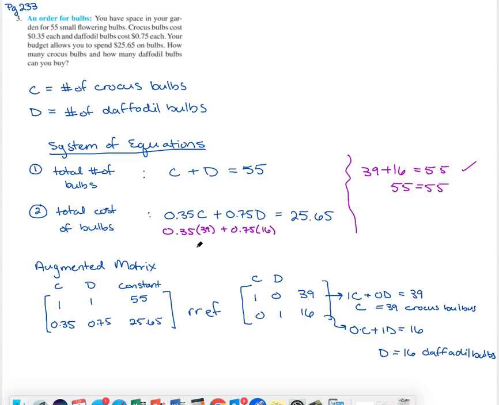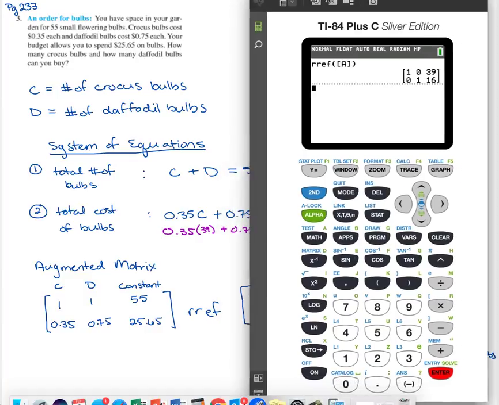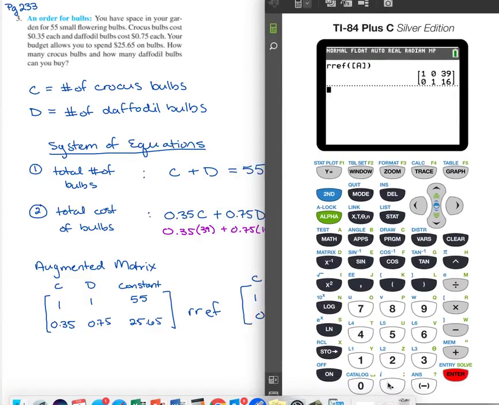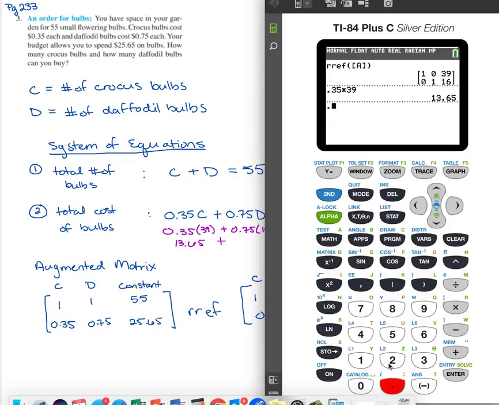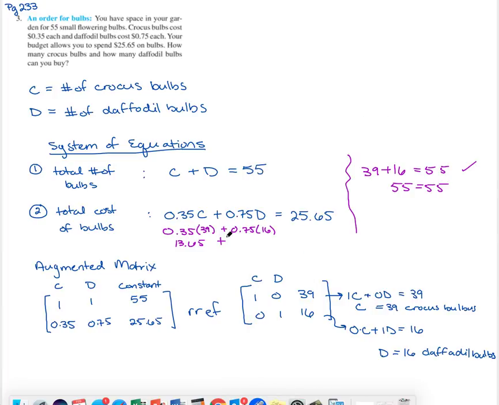Let's do our multiplication here. Let me go back to my calculator real quickly and type in 35 cents times 39. That gives me $13.65. And then let's calculate what 75 cents times 16 is. I'm purchasing 16 of them, so that's another $12.